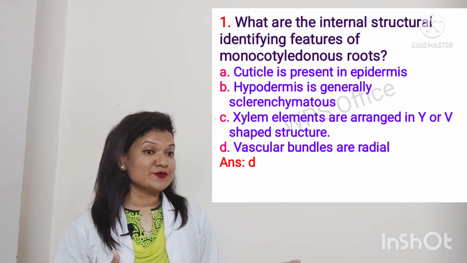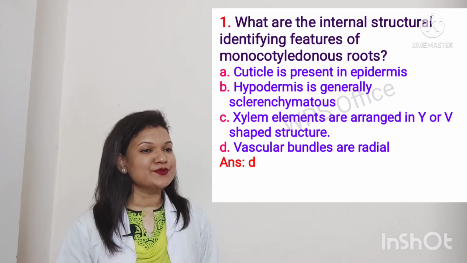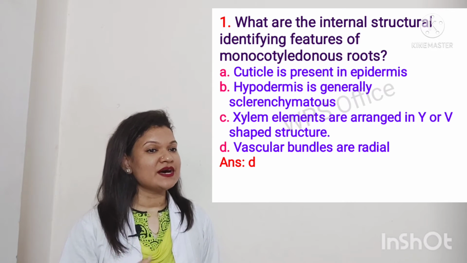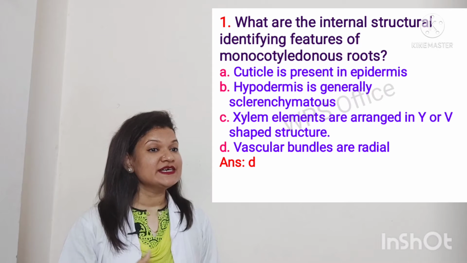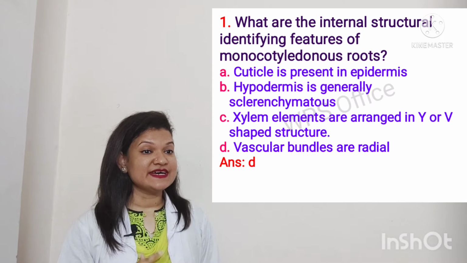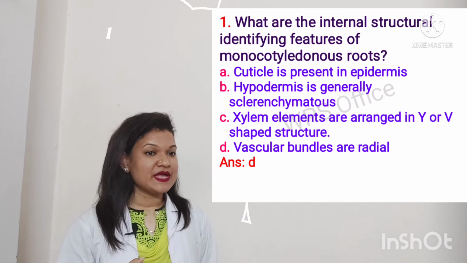So can you guess what will be the answer? Yes, I know you can guess, and the answer will be vascular bundles are radial. That is answer number D.